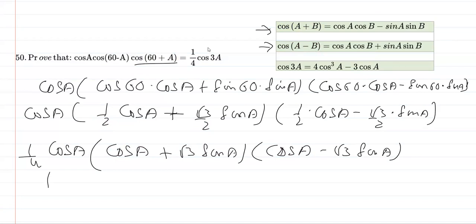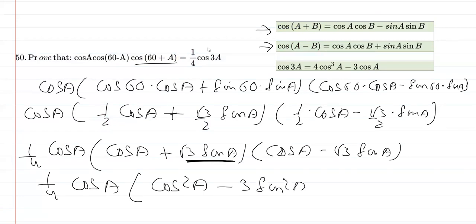So we'll get 1/4 cos A, and this will become cos square A minus square of √3, which is 3, and then sin square A.